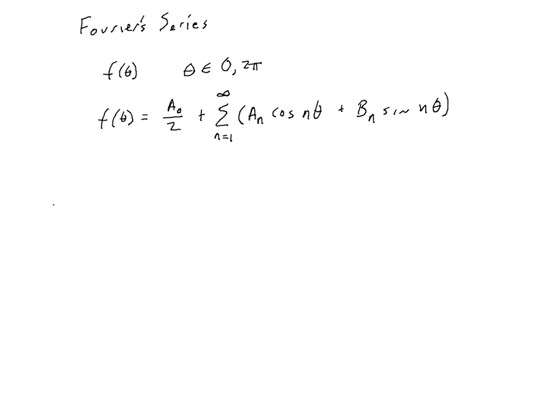So the idea here is that if you take, for example, this f of theta, and let's say you integrate this with cosine of m theta d theta, and you sum over m from m equals 1 to infinity, and this all goes from 0 to 2 pi because that's the domain of periodicity.